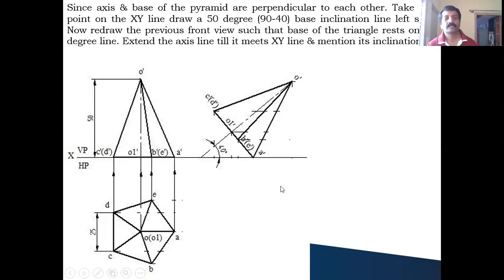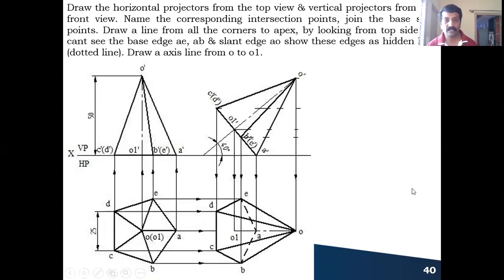To get the top view, you just have to draw the vertical and horizontal projectors like this. From this front view, you have to draw the vertical projectors down from all the 5 points like this. After this, you have to draw the horizontal projectors from the previous top view one by one. Okay. After this, you have to coincide the corresponding points, right? A is here, A dash is here.